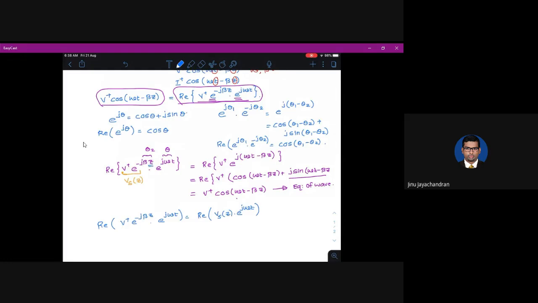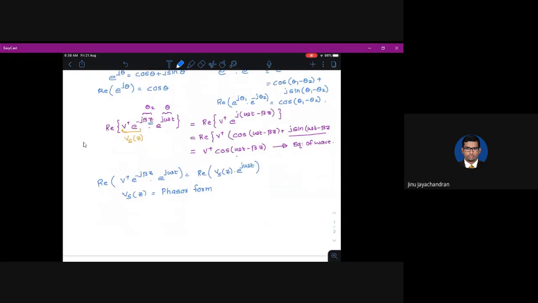So the term will vary with respect to the position. So we represent it as a function of the position z. And this Vs of z is called the phasor form.